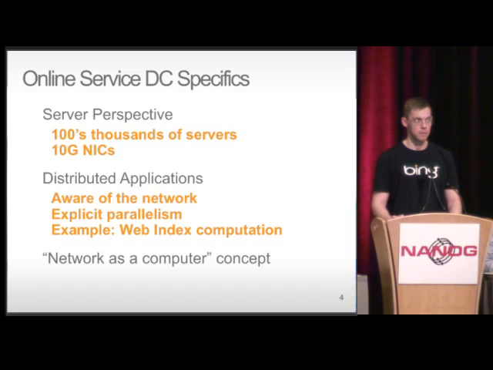In other words, the applications are parallel and specialized to perform just, say, one function, such as web index computation, or, say, serve an email, serve a mailbox of the internet. And so this is quite different from traditional enterprise, of course, and this brings some specifics to design and application behavior.